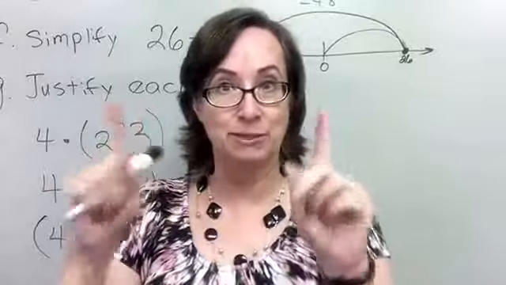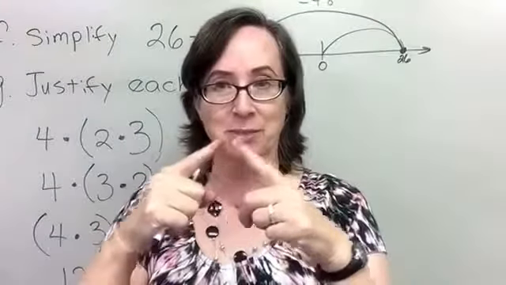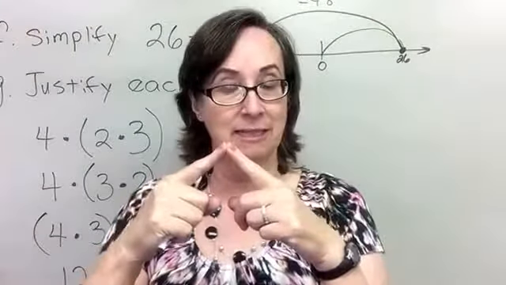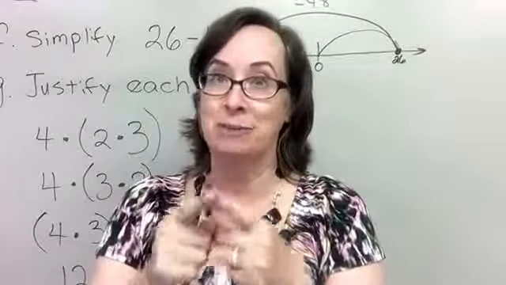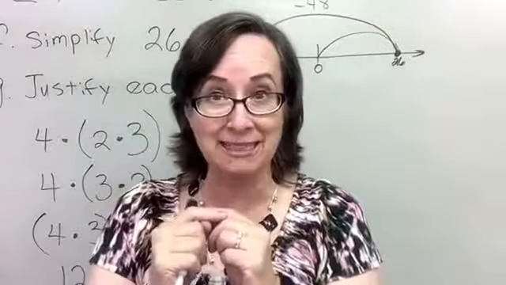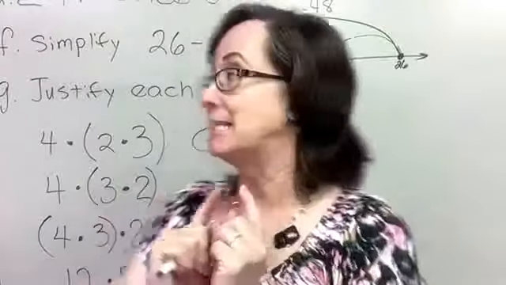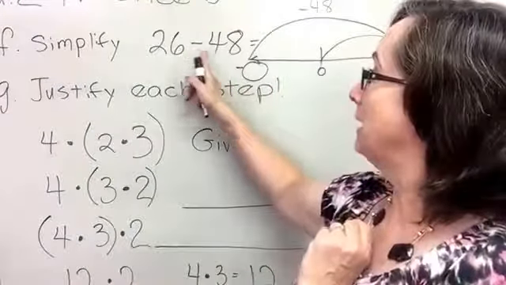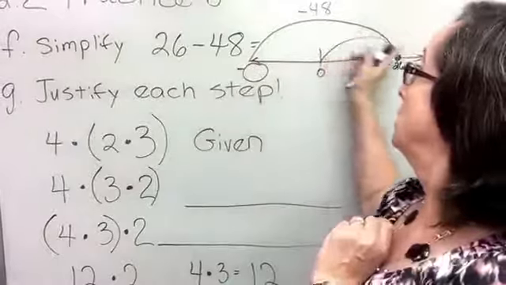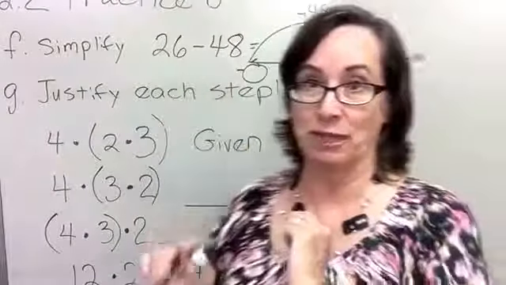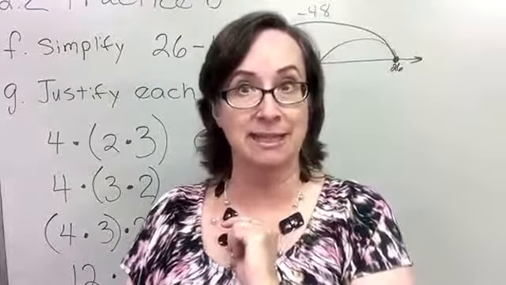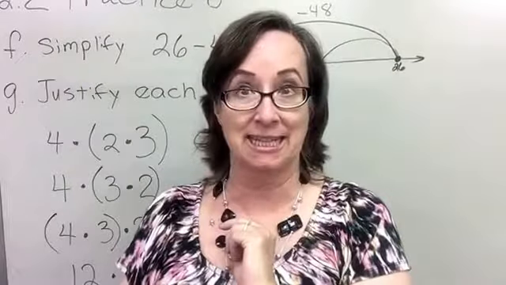If we're adding two same signs, we add the two numbers and take the common sign. If we're adding opposite signs, we subtract and take the sign of the greater. In this case, we have a minus 48, which is bigger than the 26. And our answer is going to take that negative sign, isn't it?